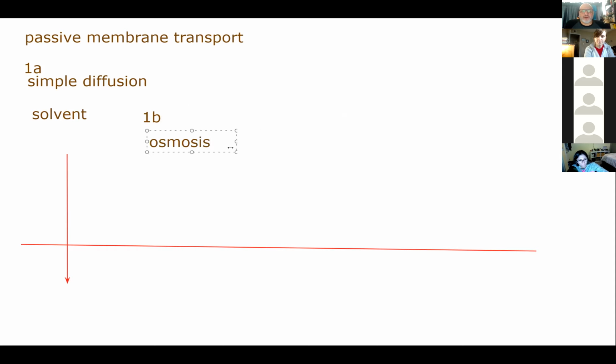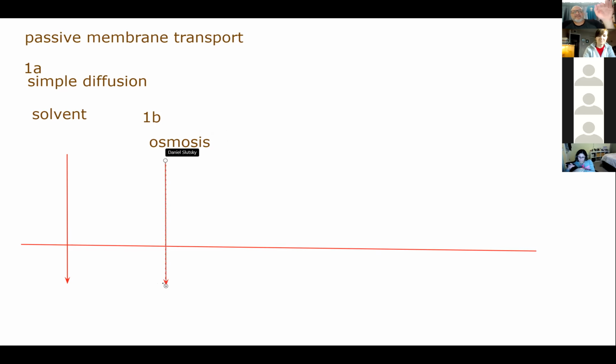Osmosis is the movement of water down its concentration gradient using kinetic energy through the plasma membrane without any help of its own. So if you want to think of them as two completely different processes, I'm fine with that. If you want to think of them as just two sides of the same coin, I'm fine with that as well. Okay, thank you.